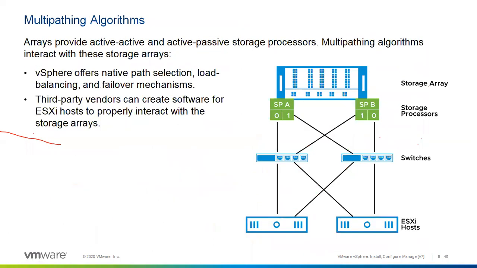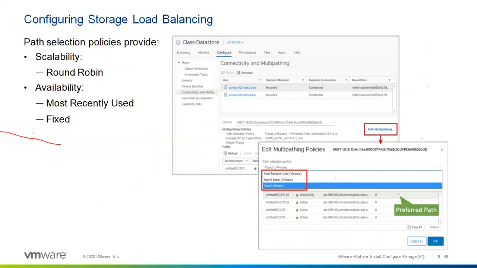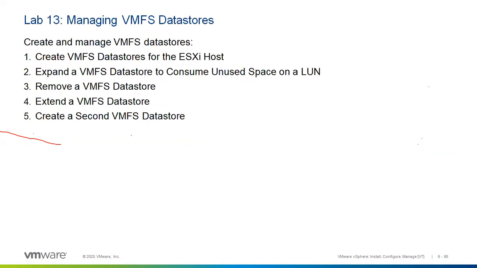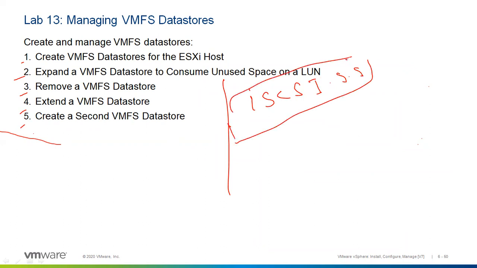All right, be clear? That's multi-pathing. We have already discussed how it works. We can make different kinds of multi-path mechanisms that we already discussed with you. By default, it is MRU, but if you want to change, we can. Create VMFS data store, expand and all, that lab we are going to perform with an iSCSI storage solution, a software-based solution we will create within the lab itself.